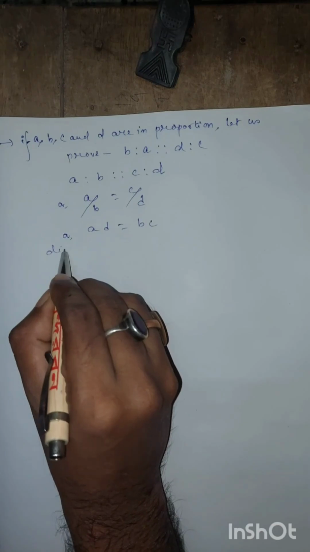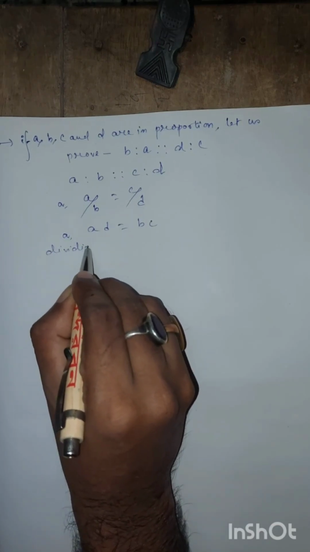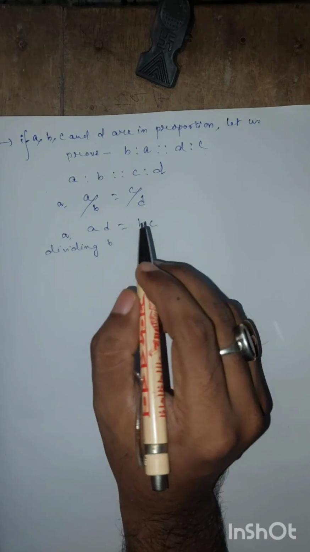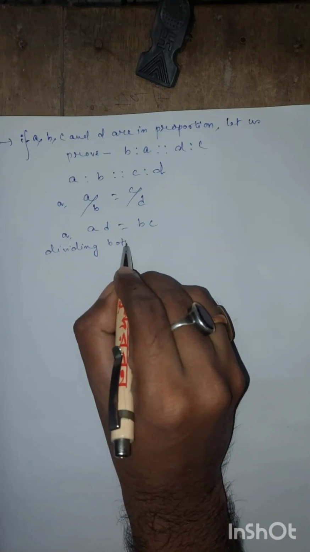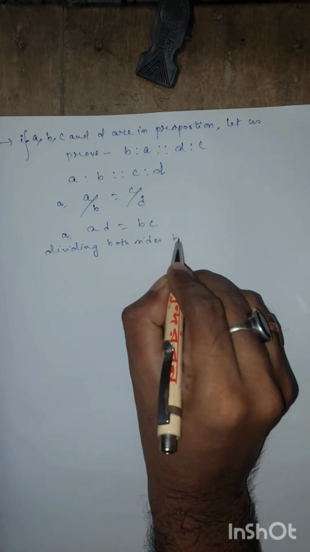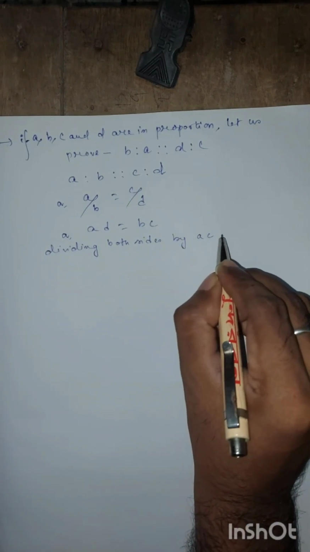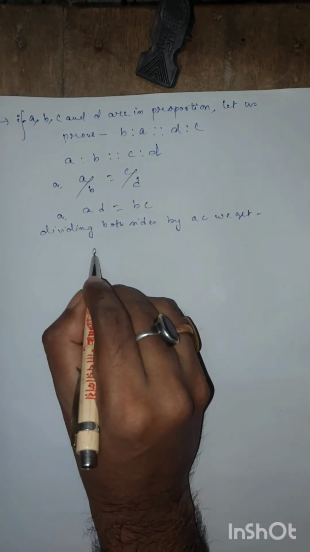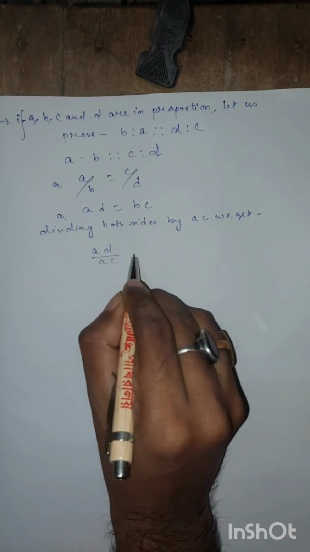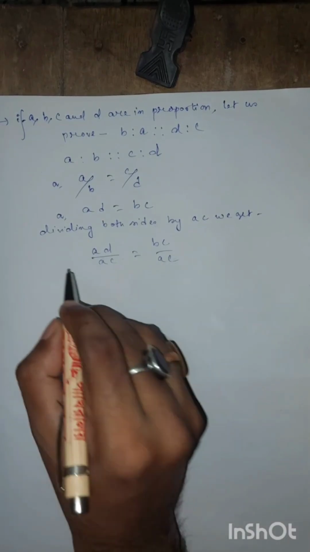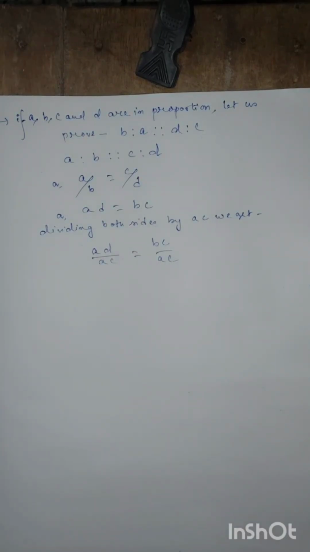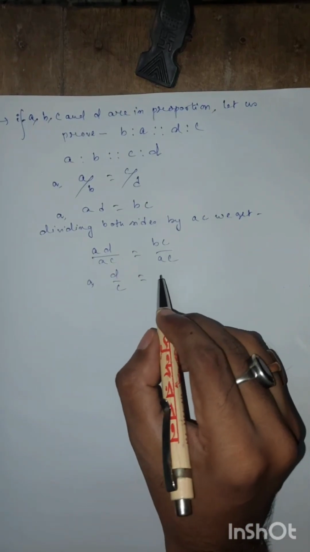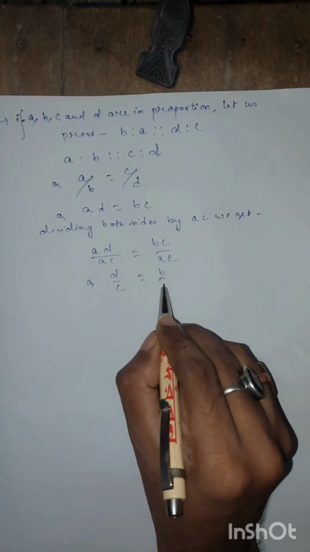Now dividing both sides by AC, we get D by C is equal to B by A.